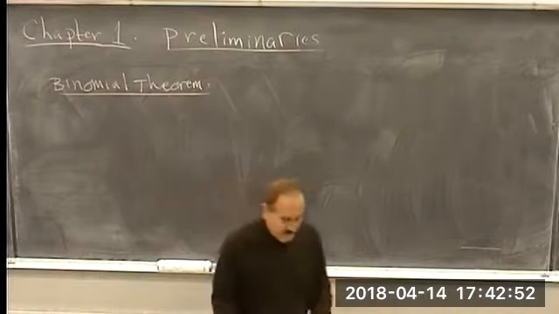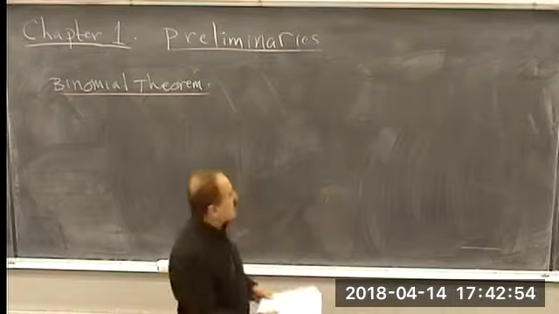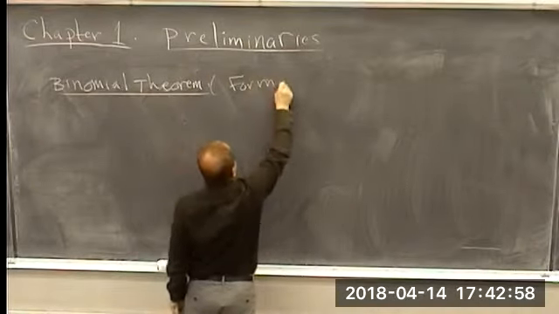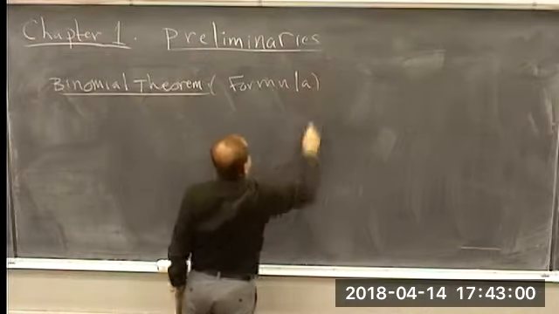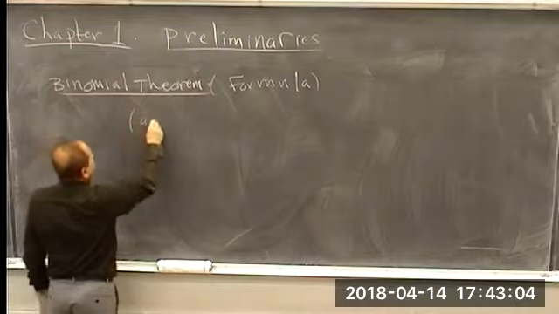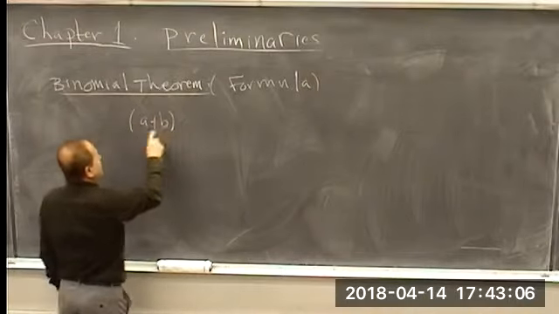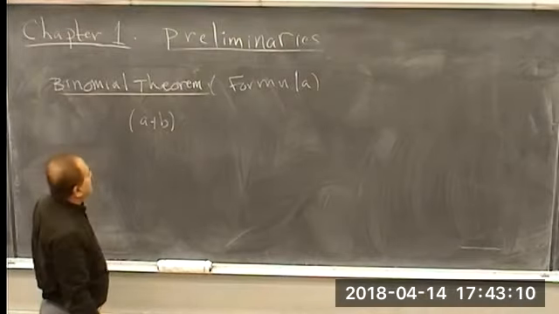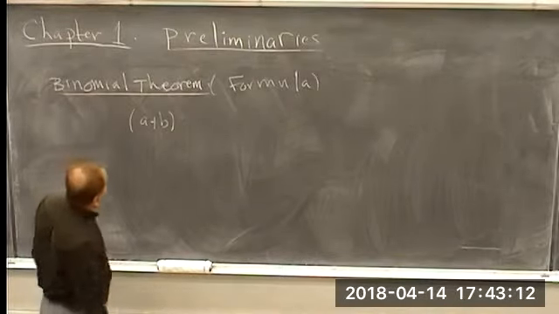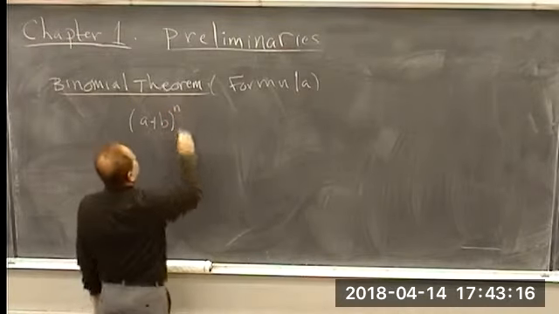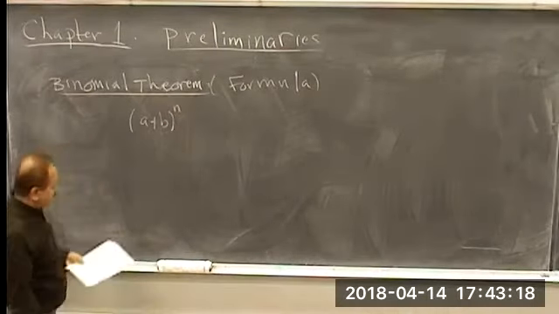It's actually a theorem or formula, sometimes we call it a formula, and it gives us the expansion of, or the expressing of, the sum of two. Now, these could actually even be real numbers. They don't have to be just integers. To the n, where n is a natural number.